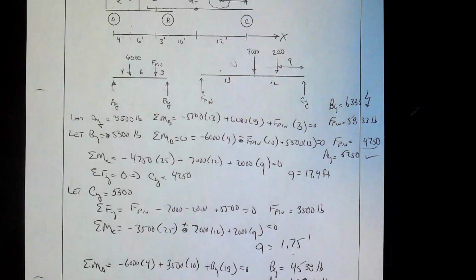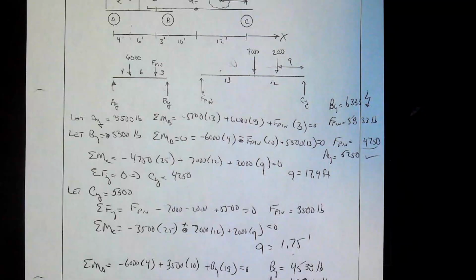All right. So now we'll go and do this one more time. Now we'll say let CY be 5,500. And so what we need to do is find, if CY is 5,500, let's see, if we sum forces in the y, we have our F pin minus 7,000 minus 2,000 plus 5,500 equals 0.